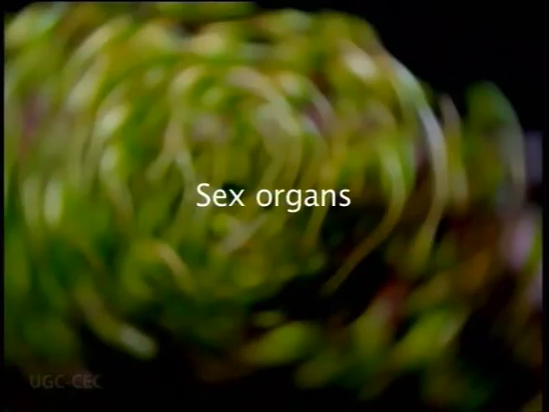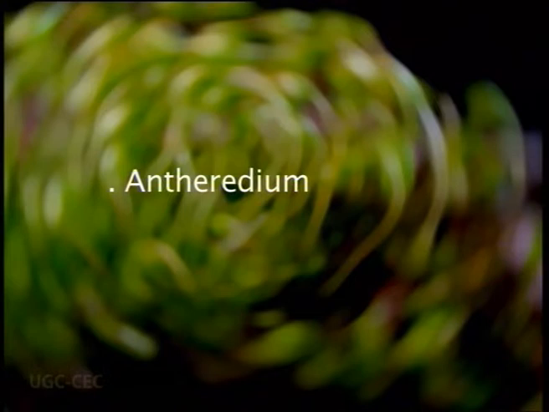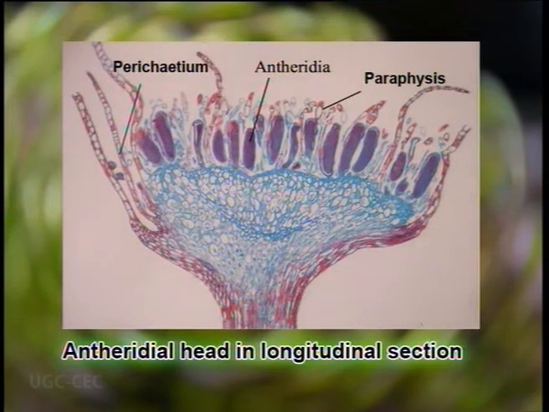Now, let us discuss the sex organs of this genus, which includes the male sex organ known as antheridium and the female sex organ called archegonium. As far as the position of antheridium is concerned, antheridia are born in groups at the expanded convex apex of the antheridiophore.